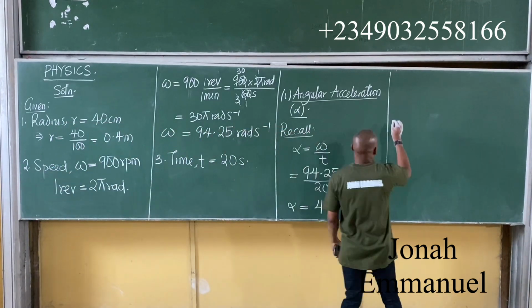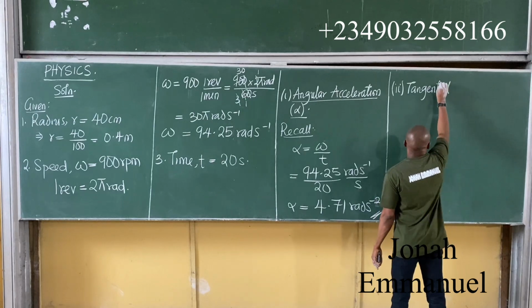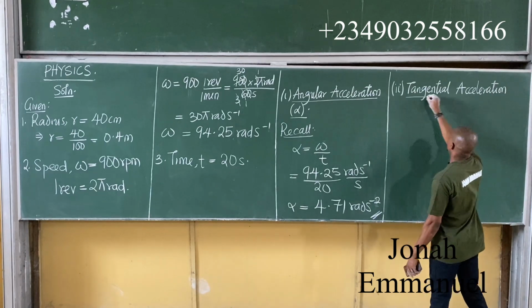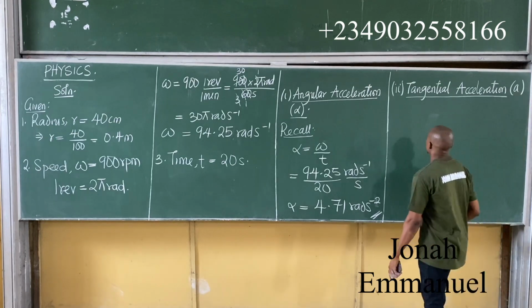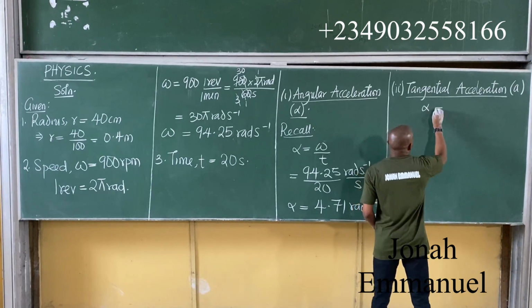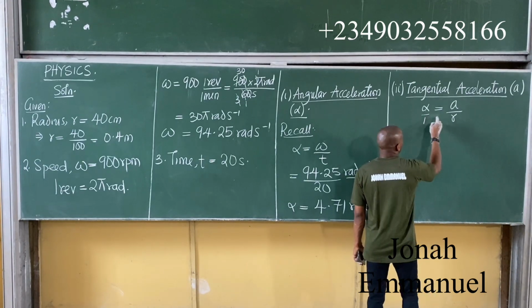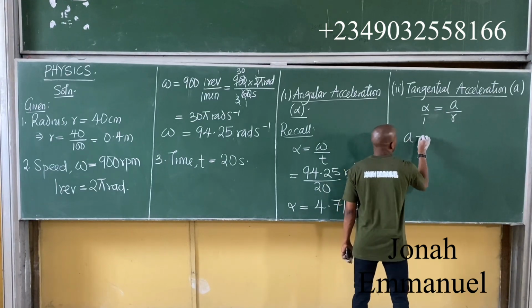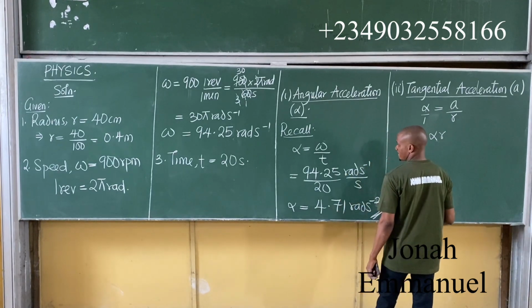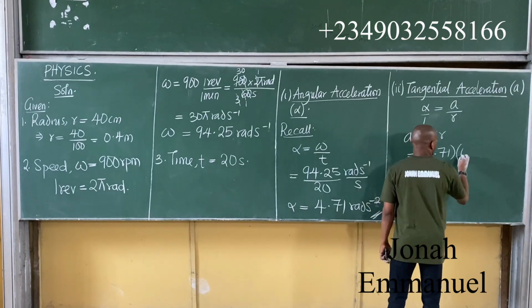The next one says to find the tangential acceleration, which is the normal linear acceleration, A. Recall our relationship: angular acceleration is equal to linear acceleration over radius. So A is equal to alpha times R. That is 4.71 times R, which is 0.4.